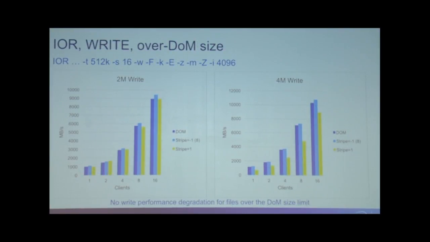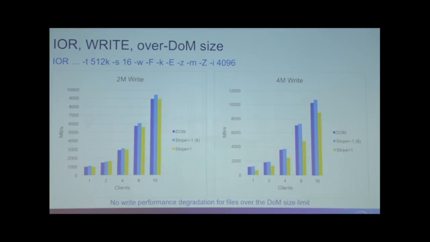We also wanted to do our due diligence and check files that are over the DOM limit to see, is there any performance degradation by using Data-on-MDT for larger files? So in this case, we have the DOM component residing on the MDT, and now the file has grown outside of that limit, so it has a second component that's sitting on an OST.